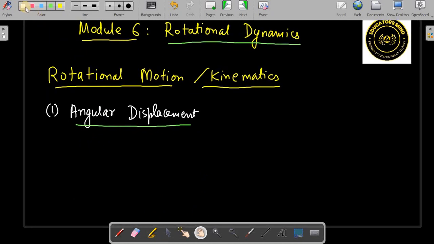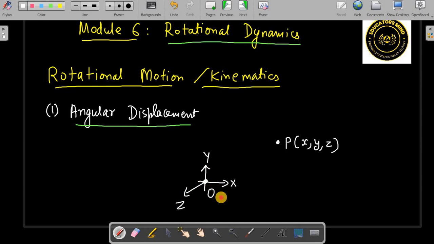Suppose you take a point. This point will have some coordinates x, y, z with respect to a particular coordinate system, and this is 0, 0, 0. First of all, we'll connect a vector like this.